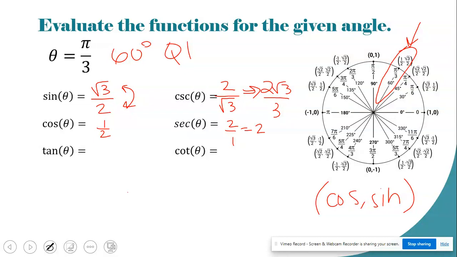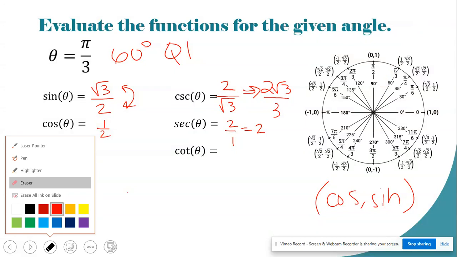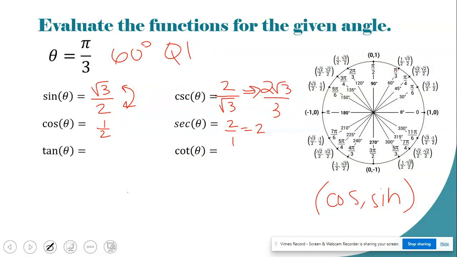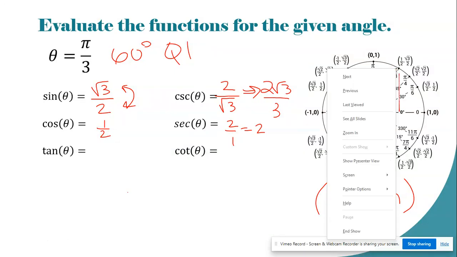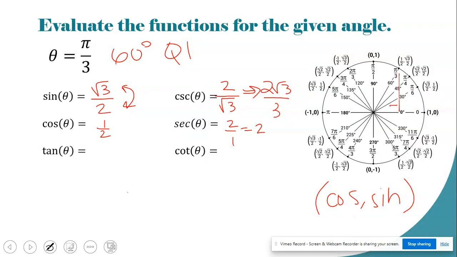Tangent is kind of the hard one. If we're going back to SOHCAHTOA, that's opposite over adjacent, right? This is going to be kind of an unnecessarily long explanation, but if I created a triangle, dropped a perpendicular, this is the angle, opposite side, adjacent, and the hypotenuse is always equal to 1 in our unit circle.